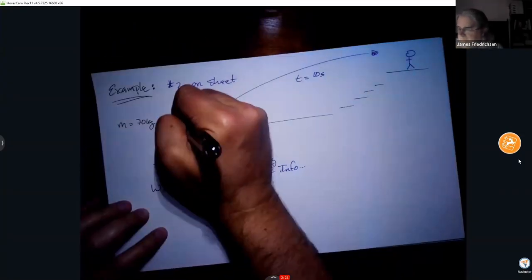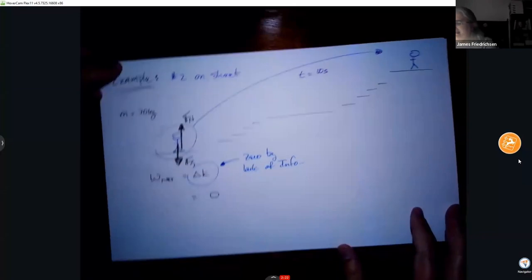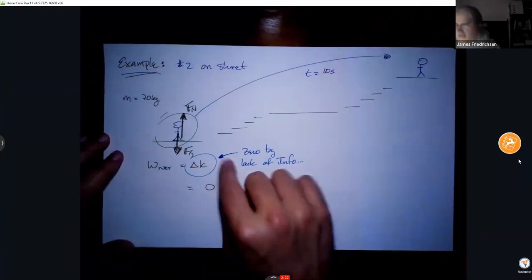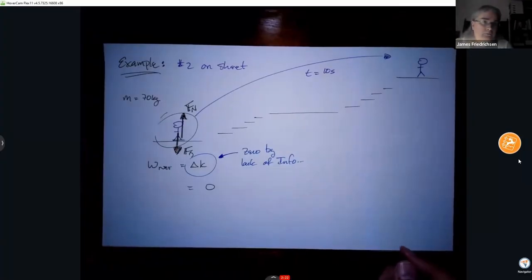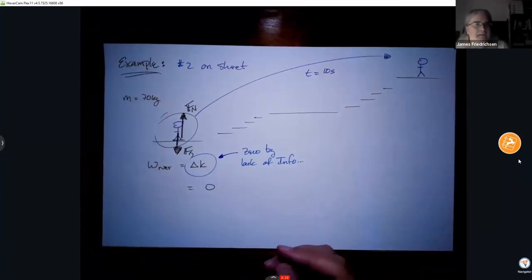And so the idea is that as they push down, the tread pushes up on them and up the stairs they go. Unless it's an escalator, if they don't push down, then they don't go up. So it's a reactive type of force.